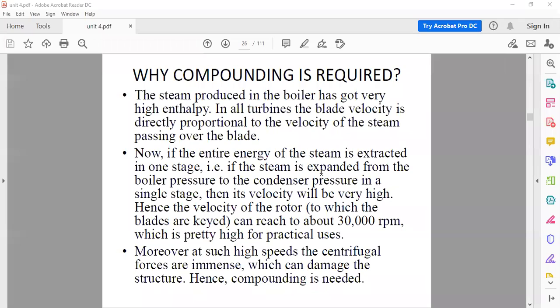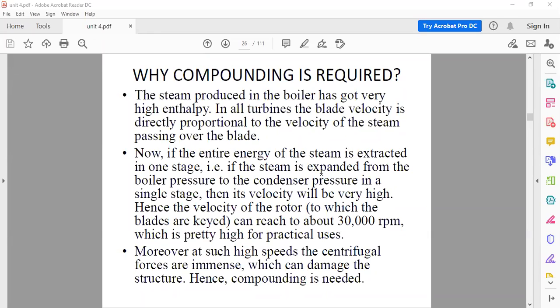This speed is not possible in practical conditions. So for controlling this speed, we require compounding. Simply, compounding means controlling the speed of the rotor of the turbine.